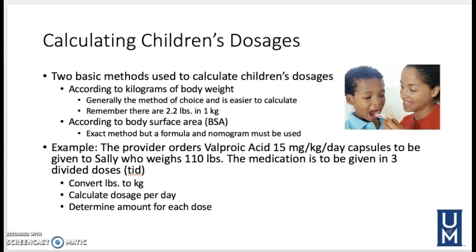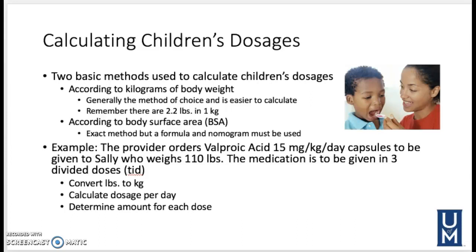Just a point of reference, remember that 2.2 pounds is 1 kilogram, because we're going to be using kilograms to calculate. And then there is a different way to calculate children's dosages. It's called body surface area, and this is an exact method, but a formula is needed and a nomogram, and it's much more complicated. So providers often use just the kilograms of body weight to get a specific dosage amount.